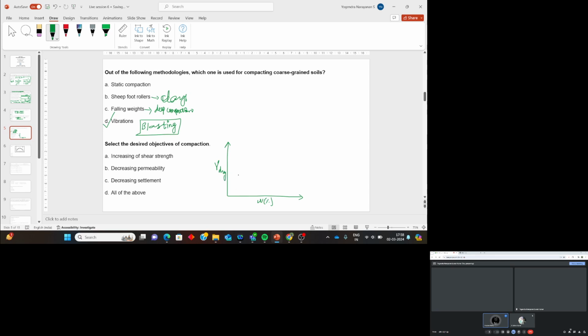So by compaction you are getting a curve like this, right? What is the aim of compacting it? You are trying to attain this part, that is, what is this known as? Maximum dry density, or gamma d max. So when density increases, what happens to the strength of the soil?